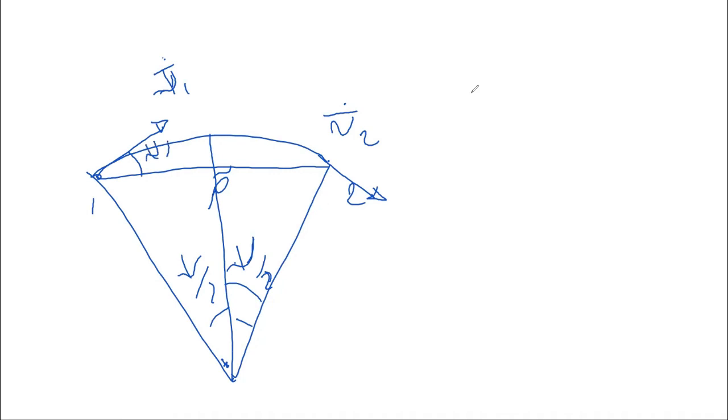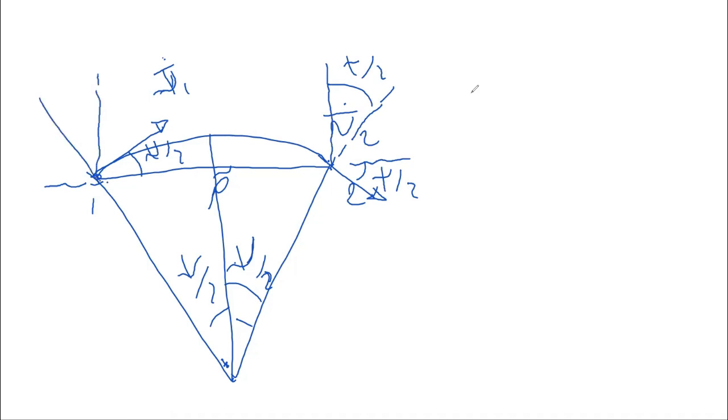This one will be psi over 2, and if I continue, this one is also psi over 2. If I draw a perpendicular to that one, this will be psi over 2 as well. So this upward is the radial velocity of satellite 1, and this one is the radial velocity of satellite 2.